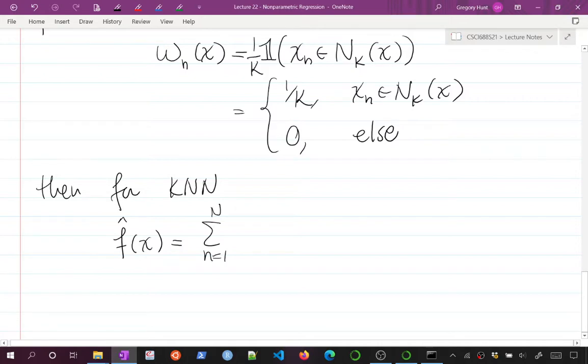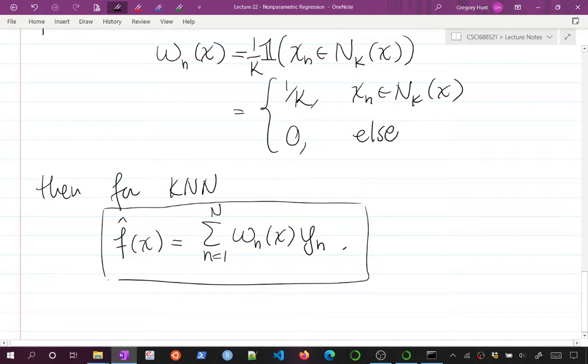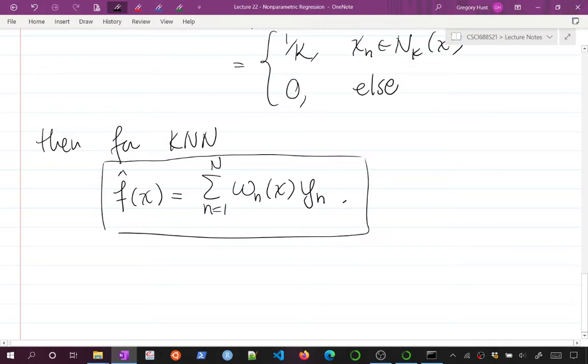Now, if I correctly define this, instead of writing it as a sum over just things in my neighborhood, I can write it as a sum over all of my training data points. The little n goes 1 to capital N, and it's going to be Wn of x times Yn. So in this form, this is the more general form, where it's a sum or an average over all of my training data with some weight.